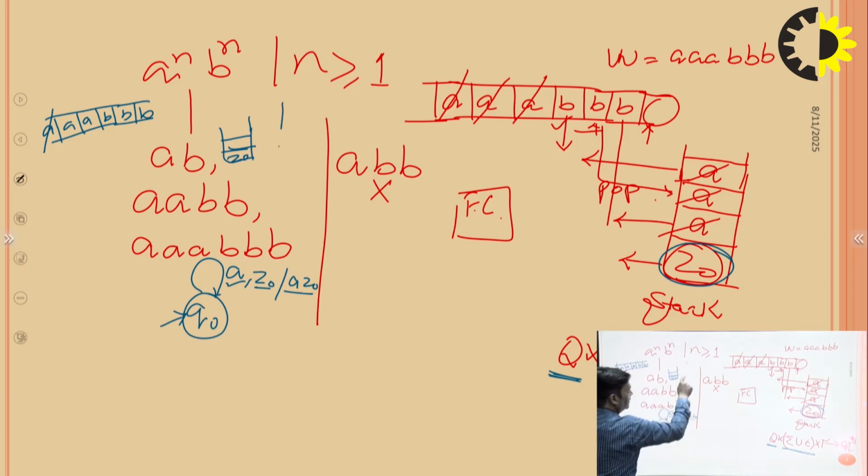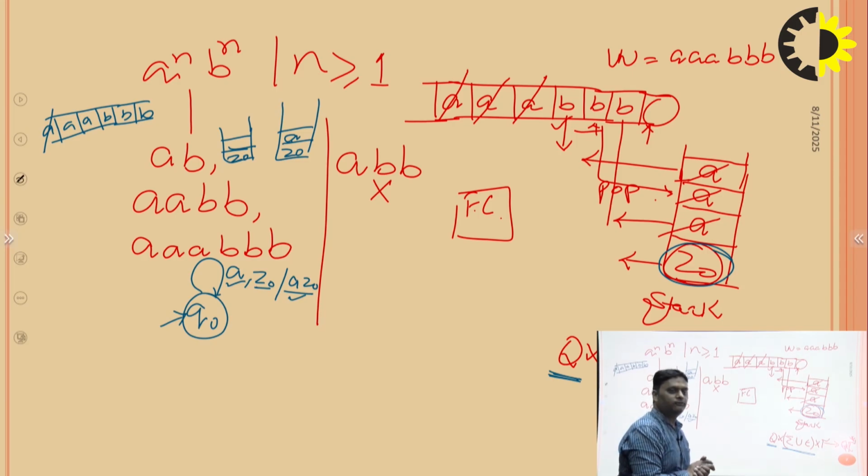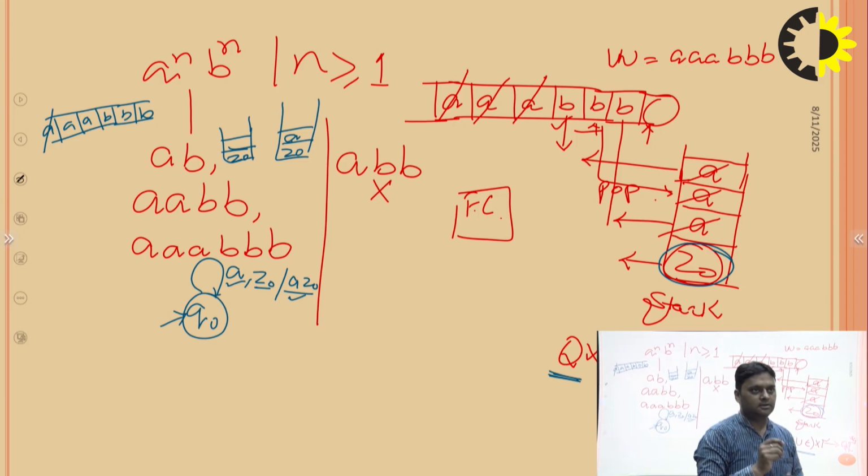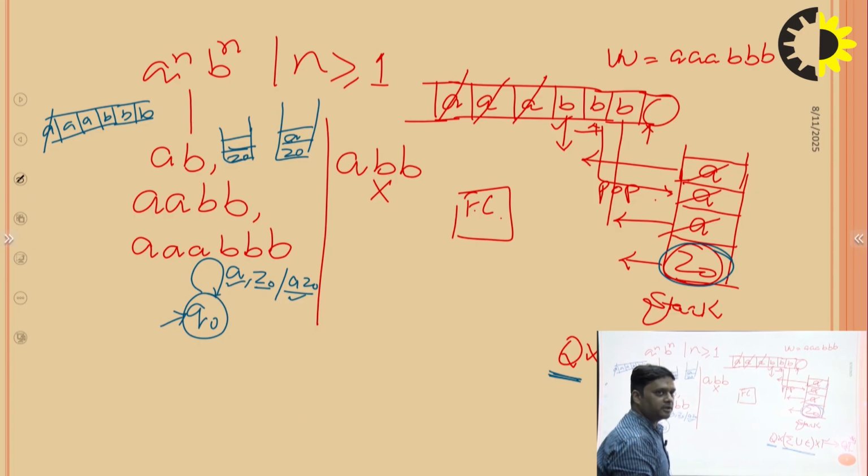Now we remove this a from the input and push it in the stack. This is written as a Z naught. In this way, the first step is performed when we get a with Z naught in the stack. Means a push operation is performed and the first a is pushed in the stack.